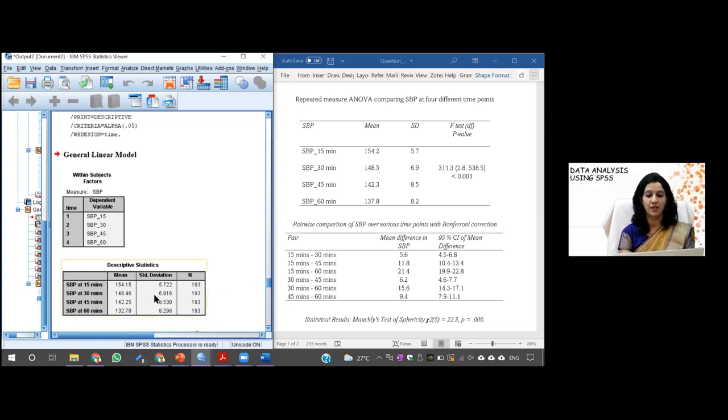You can enter the mean values like 154, 148.